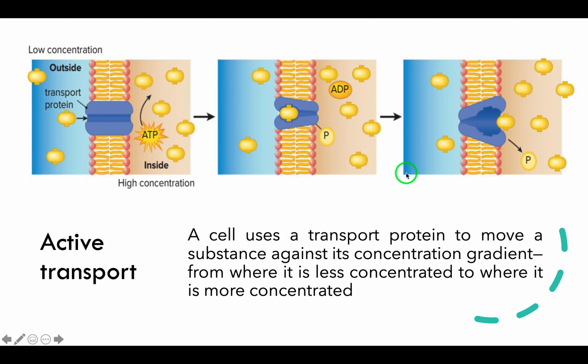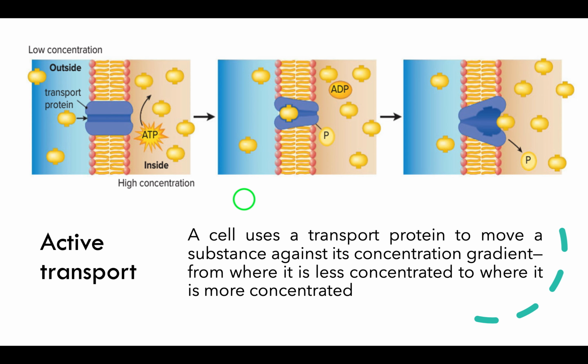So how does active transport happen? To pump a solute across a membrane against its gradient requires work, and the cell must expend energy in the form of ATP. Recall that ATP means adenosine triphosphate. This means that it has three phosphates attached to it.